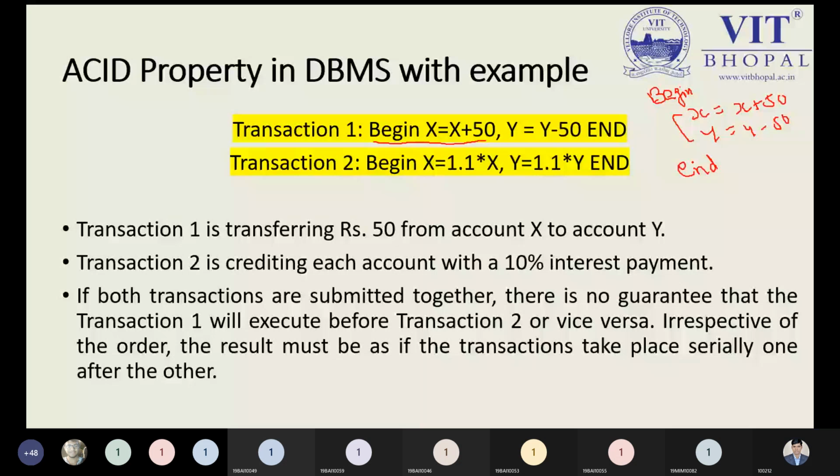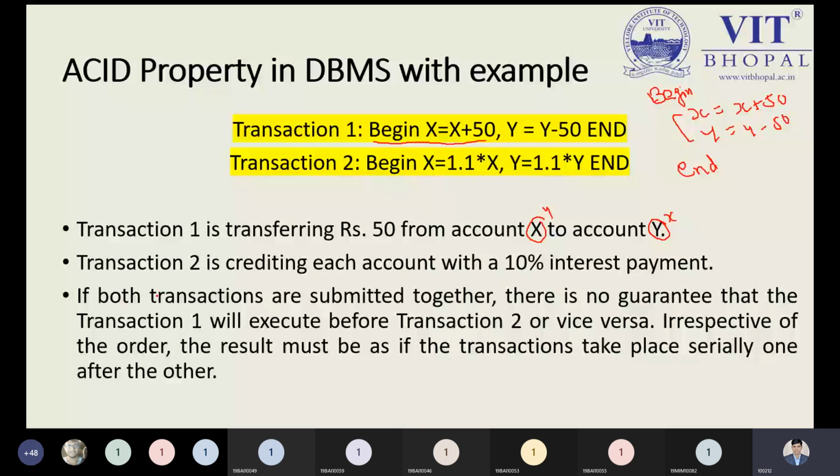Actually, Y is deducted, so this should be from Y to X account, because the X account is credited.